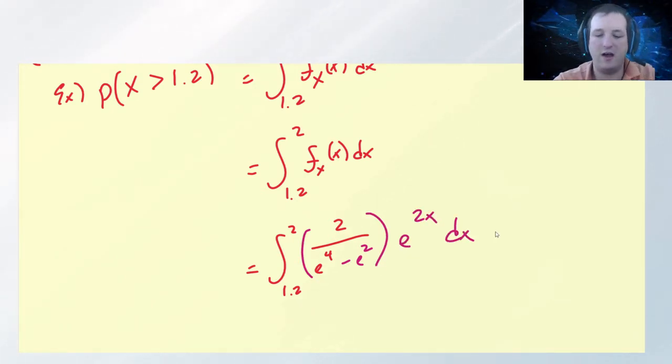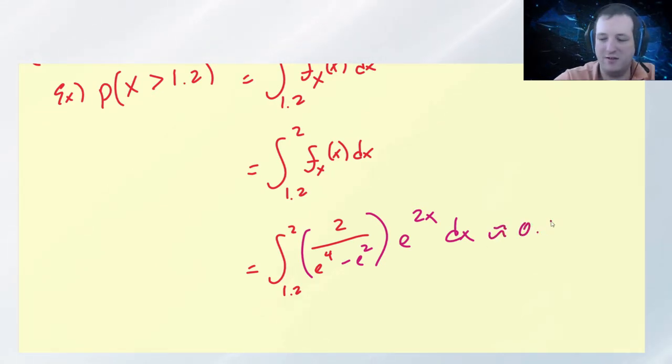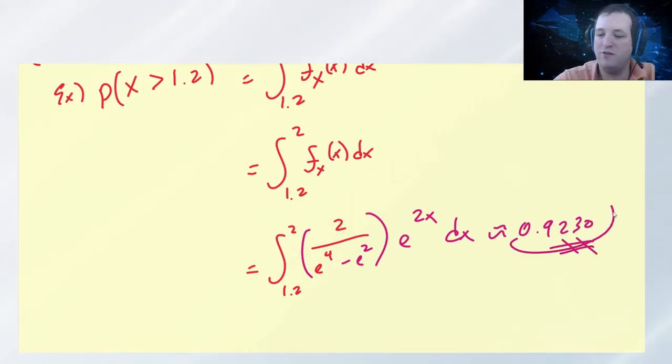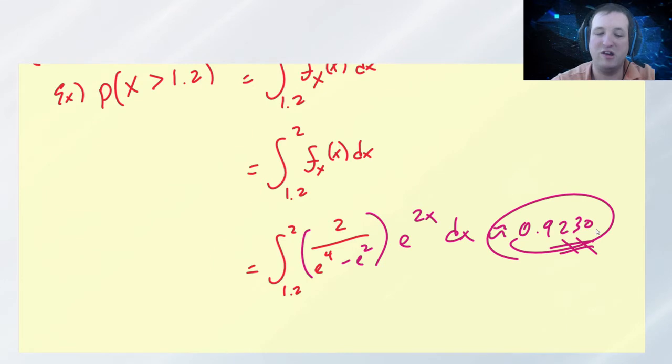So you would have to evaluate that integral, which is of course not that hard. And once you actually go through those processes, you're going to find this is going to be 0.9230. Right? So there's approximately a 92 percent chance that X is larger than 1.2.